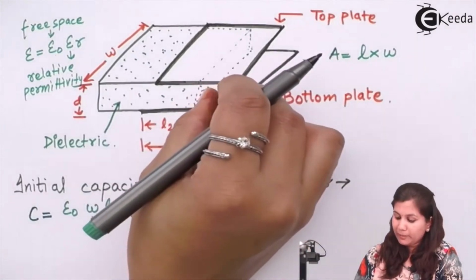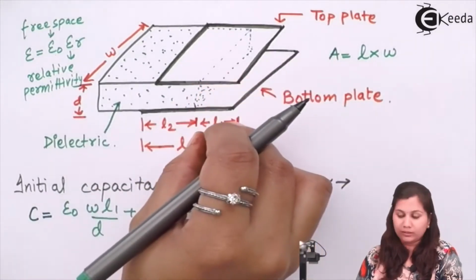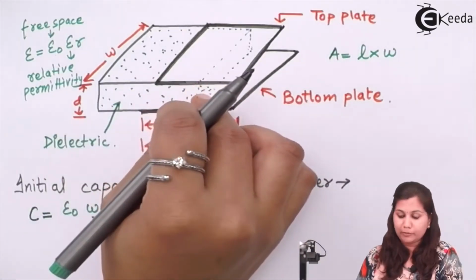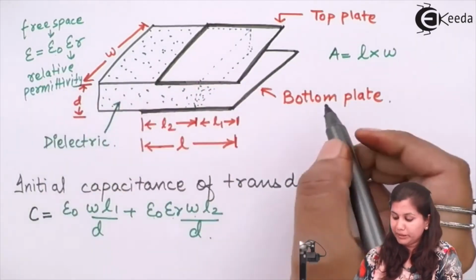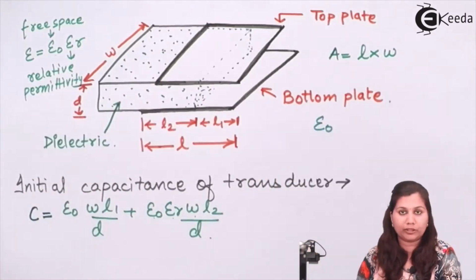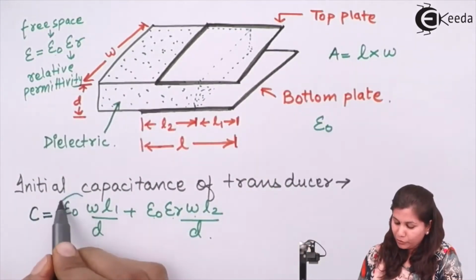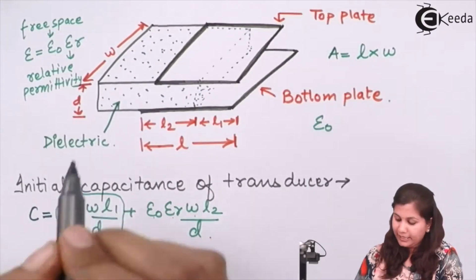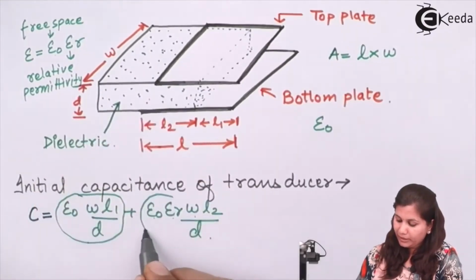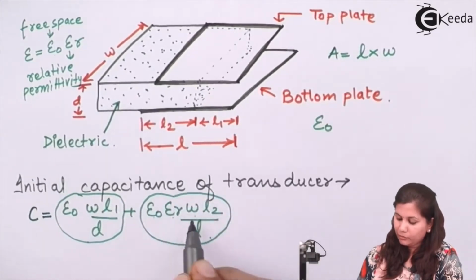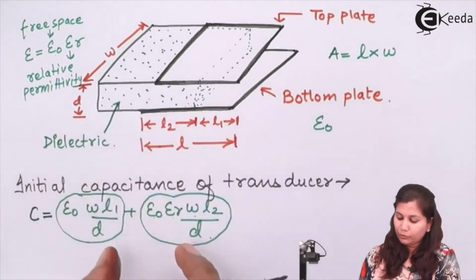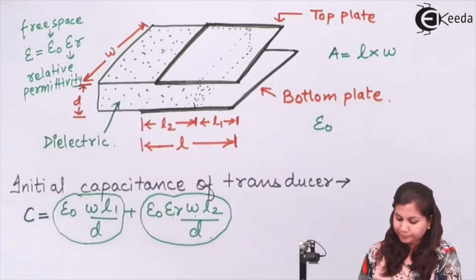Now in this remaining portion the length is L1, the width is W, and because free space is available here, we use the permittivity as epsilon naught. So for this portion we have epsilon naught W L1 by D, and for this portion we have epsilon naught epsilon r W L2 by D. That is the total value of the capacitance.